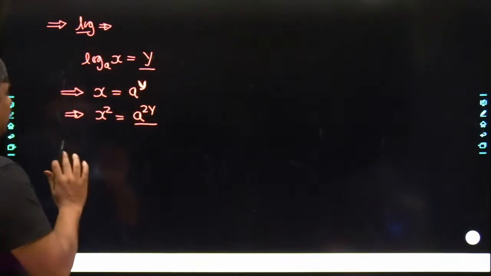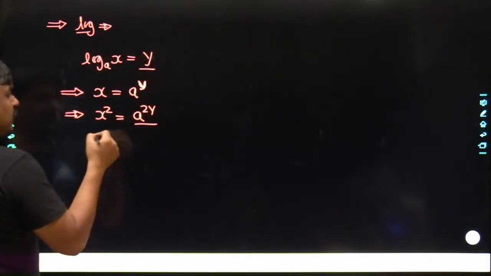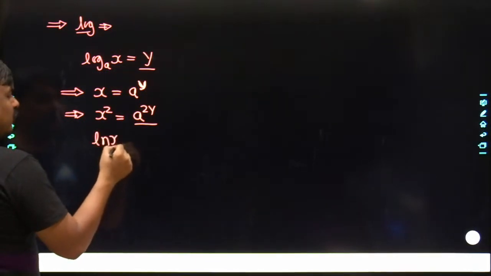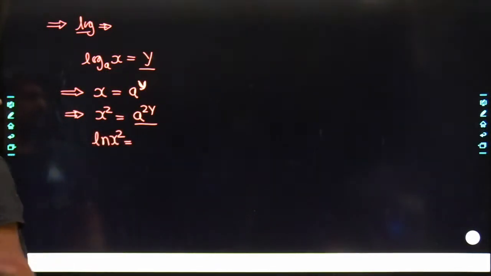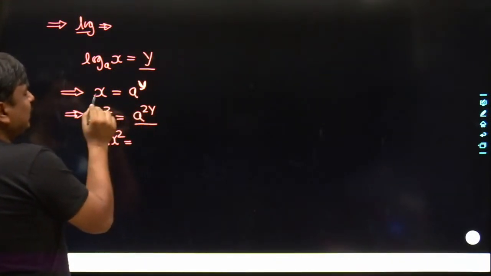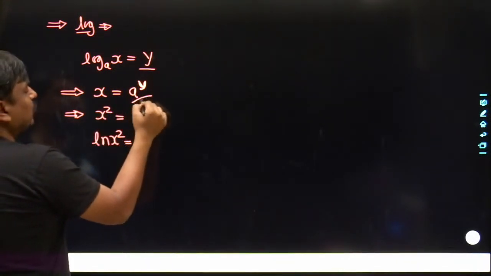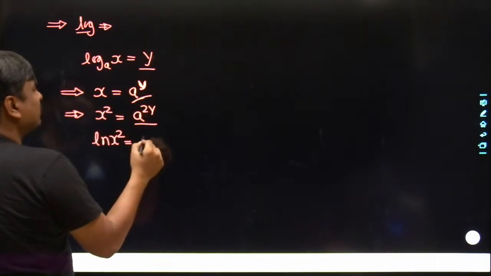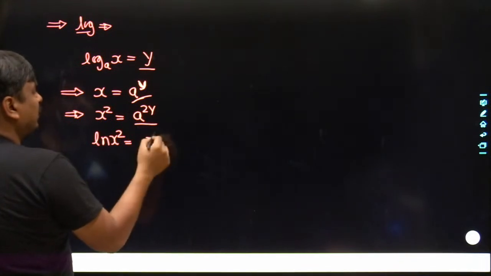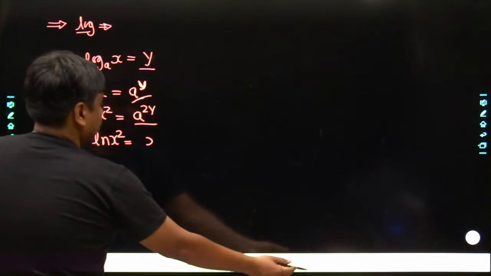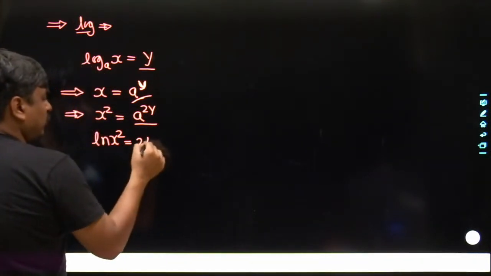Agreed. And now if you take ln on both sides, it would be simply ln of x square equals, see, a to the power of y is x over here, and here it is a to the power of 2y, which can be simply written as x. So here it simply becomes 2 times ln of x. Yes, 2 times ln of x.